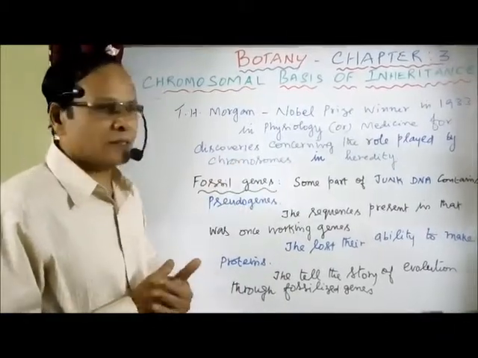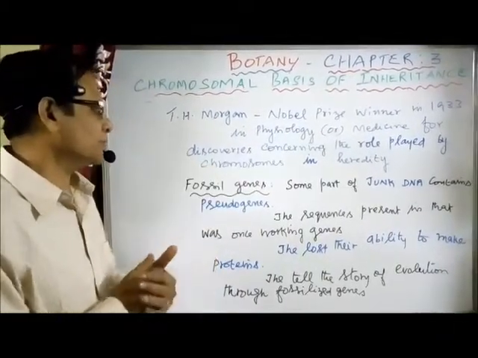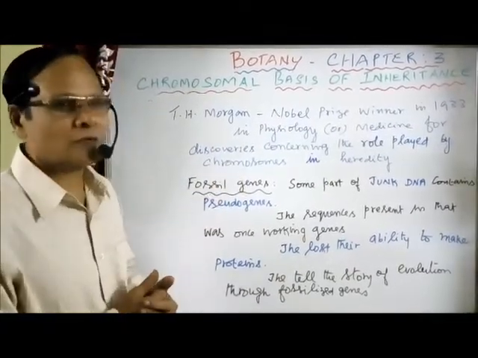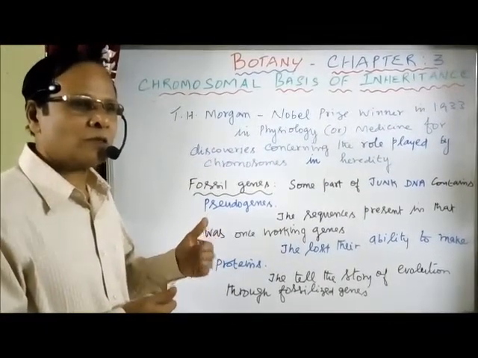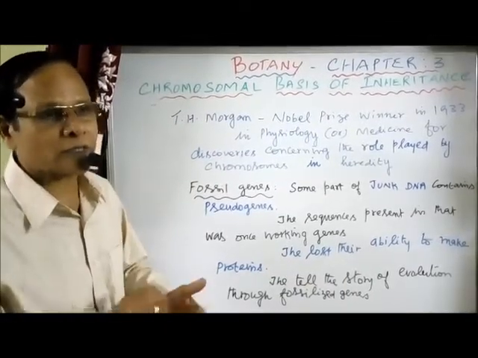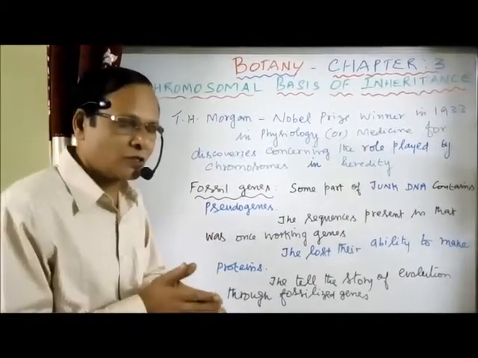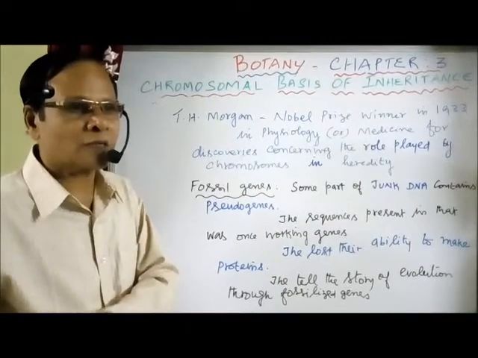So the junk DNA is the one which normally doesn't have the information. Some part of the junk DNA contains pseudogenes, the false genes. That means these genes were normally working in the past, just like the vestigial organ, now not working. In the case of vestigial organs, they were present efficiently in our ancestors, but now reduced and functionless.